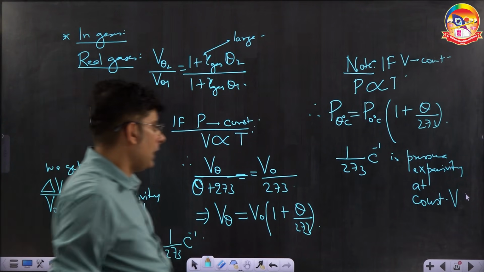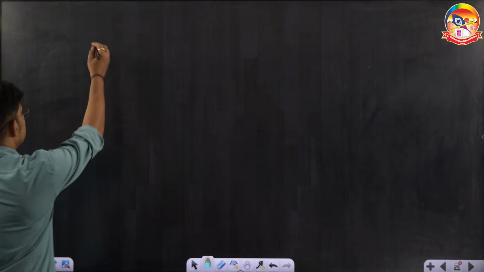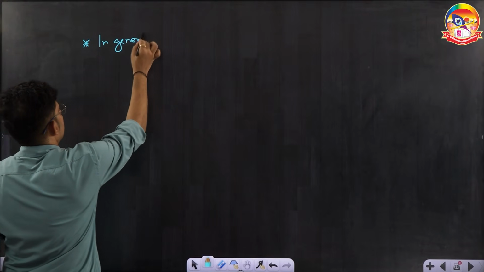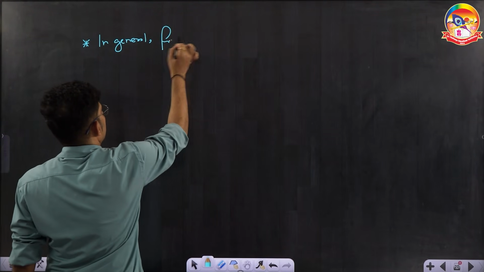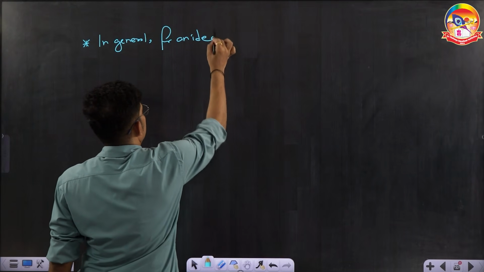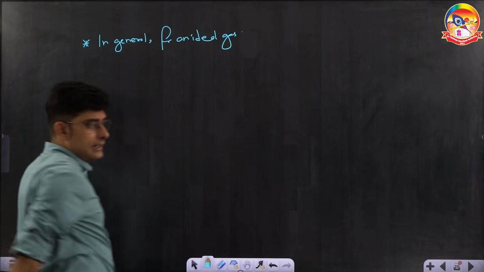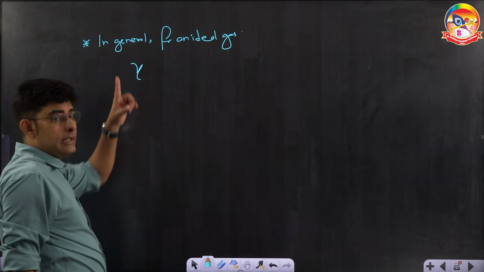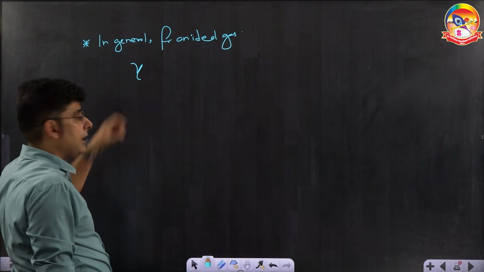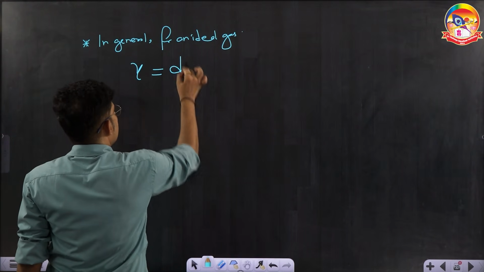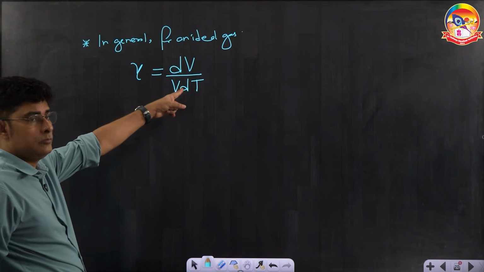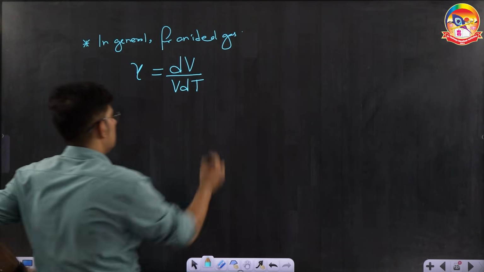Is it clear? One more important thing that we will see from here is, in general, for an ideal gas, if they ask you gamma, this is not that adiabatic constant, this gamma is the fractional change in volume per unit change in temperature.